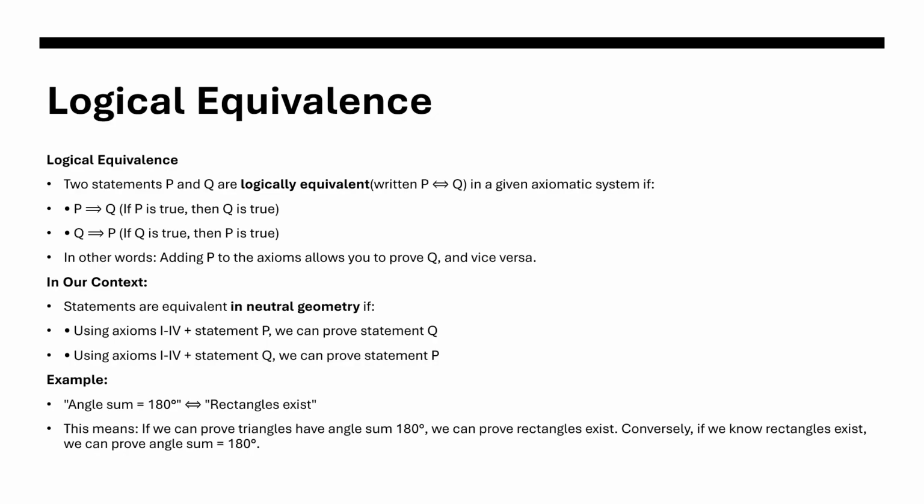Meaning that if we add the parallel postulate, we can now describe or prove Euclidean geometry. So without any of them, we have neutral geometry. With any one of them, we have Euclidean geometry.